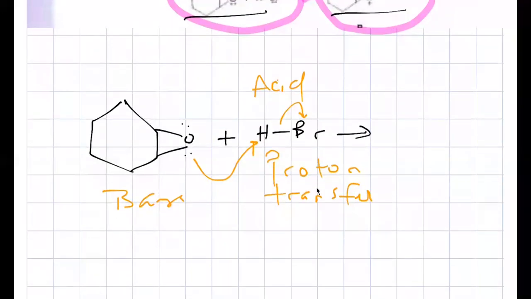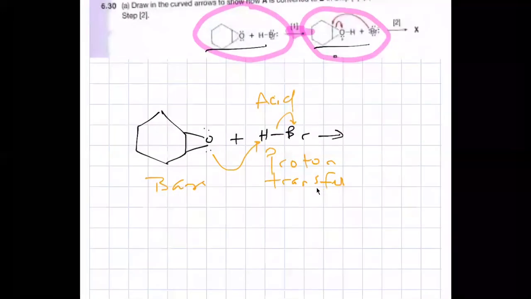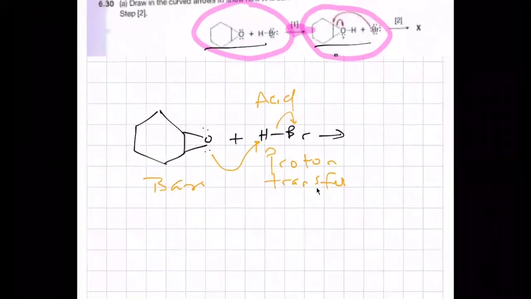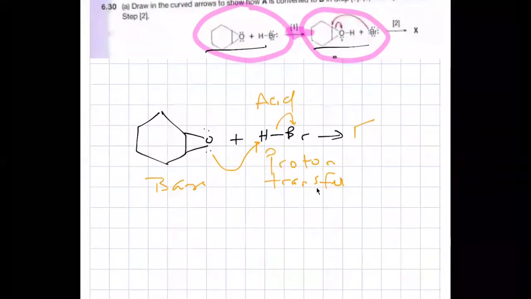So now we're going to get this intermediate, right here, OH, lone pair, plus charge. Right, this is an intermediate.